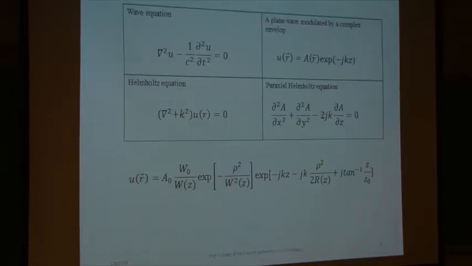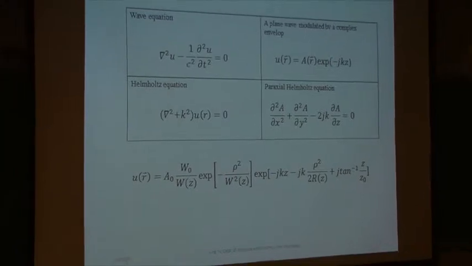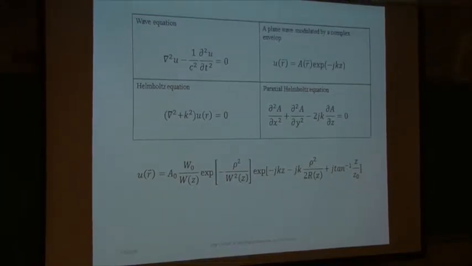So what is a Gaussian beam? Basically, you get a wave equation from Maxwell equations. And if you drop the time dependence, you get the Helmholtz equation, and you solve this equation. According to the boundary conditions, you can have different solutions, for example plane wave, spherical wave, or cylindrical wave.